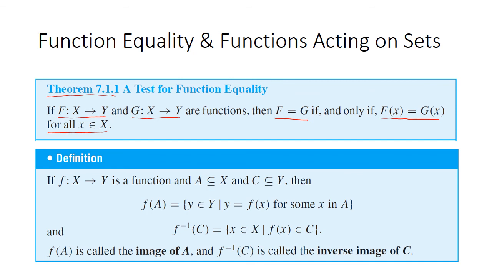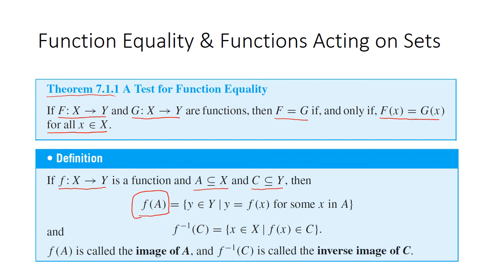Okay, and then our second definition here is about images and inverse images of sets. So here we have little f from big X to big Y is a function, and then big A is a subset of big X, big C is a subset of big Y. And then what we can actually do is we can define this notation here where we're not just plugging in an element of the domain, we're plugging in a subset of the domain, which is a little bit strange thing to do.